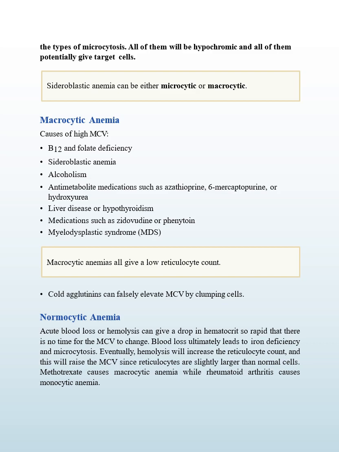Eventually, hemolysis will increase the reticulocyte count, which will raise the MCV since the reticulocytes are slightly larger than the normal cells. We need to know that methotrexate causes macrocytic anemia, while RA or rheumatoid arthritis causes normocytic anemia.